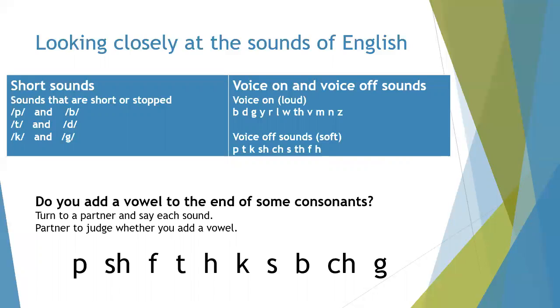Spend a moment having a go at saying some of these sounds and see if you can say them without forcing your voice, which causes that guttural vowel sound after you've made the pure sound. Take a moment.